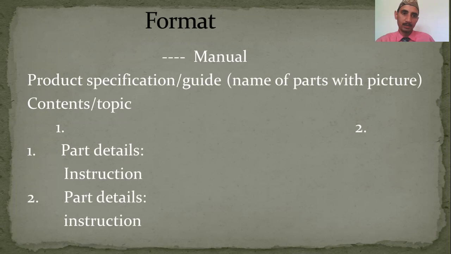Next is your guide, also called product specification, clarified with pictures as well as the parts of it. The second part, contents, means the subject matter we are going to deal with, and each content subject has instruction.